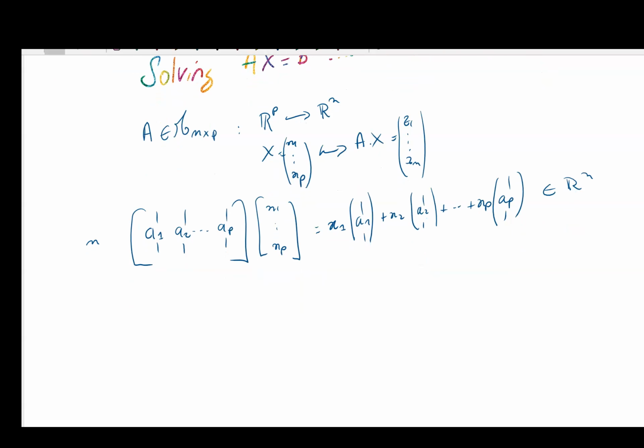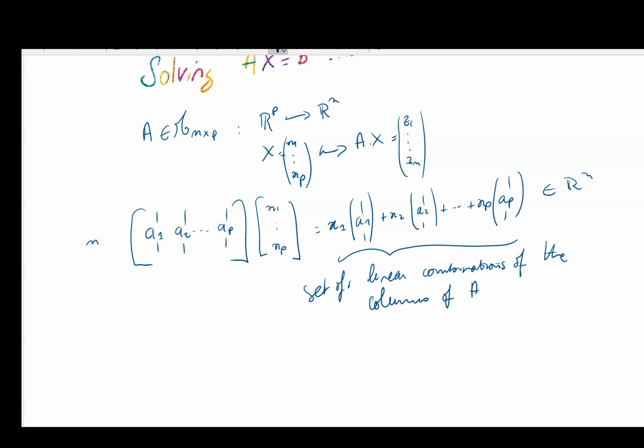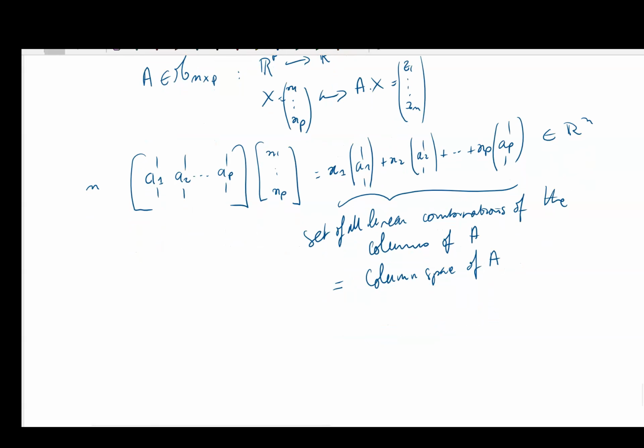More precisely, these are linear combinations of the columns of A, and the set of all linear combinations of the columns of A is called the column space of A. We will get used to this writing later on: it's the span of the vectors a1, a2, up to ap.